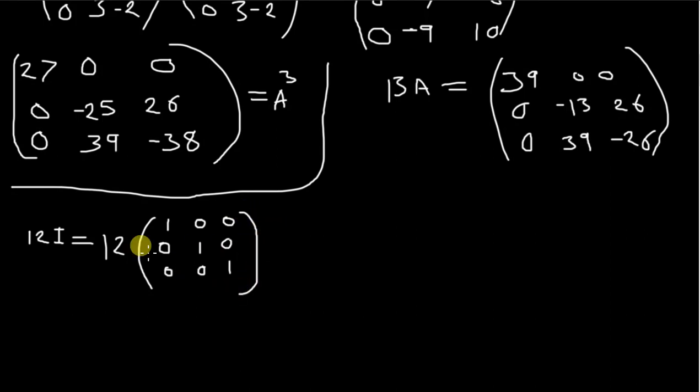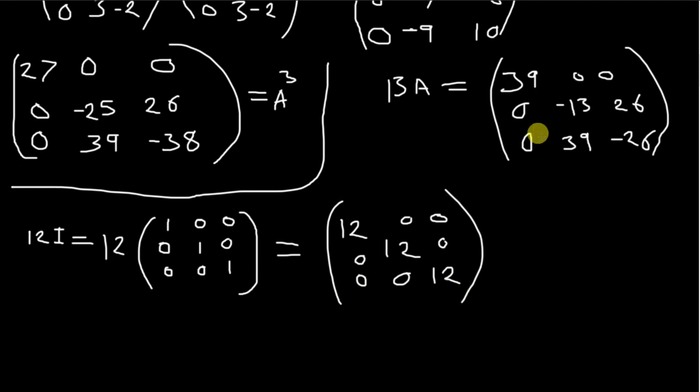So when you multiply this times that, you get 12 there, you get another 12, you get another 12, then the remaining ones are going to be zeros. So this is what we're going to subtract from 13a.